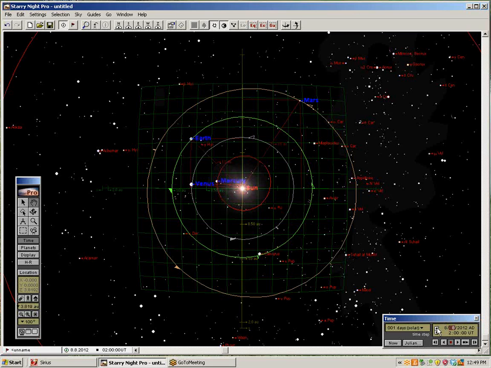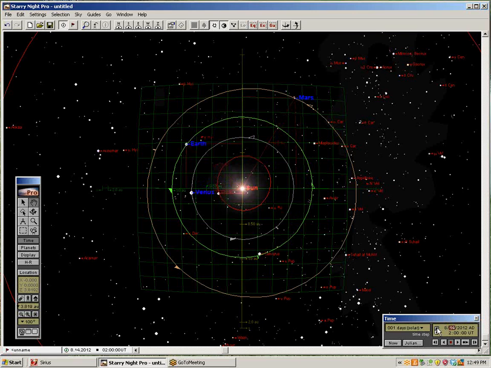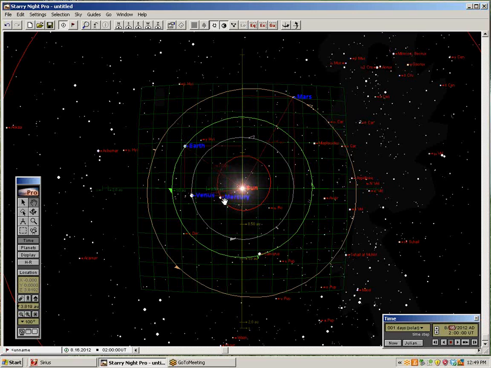Now, Greatest Western Elongation occurs on August 16th. Okay, so now Mercury is as far west as possible from the Sun. And then from Greatest Western Elongation all the way through until his next Greatest Eastern Elongation, which happens in October, Mercury is going to be direct.